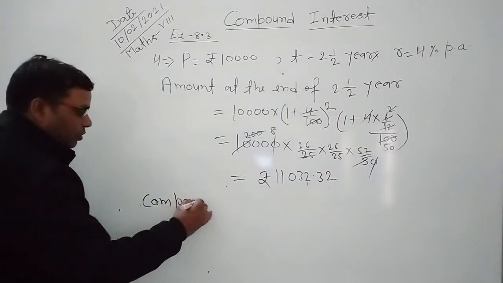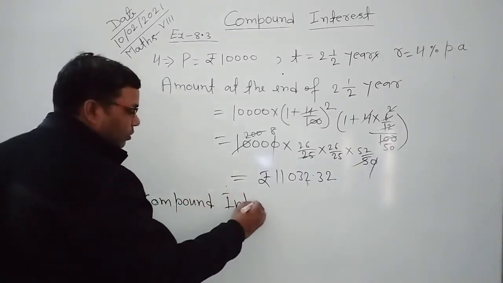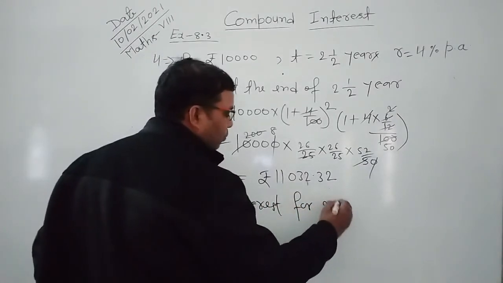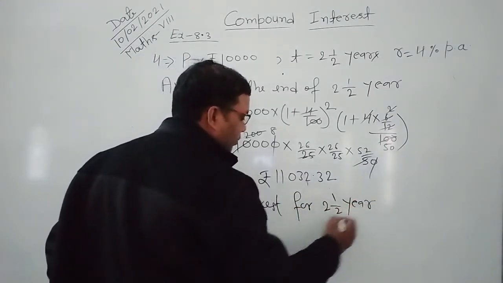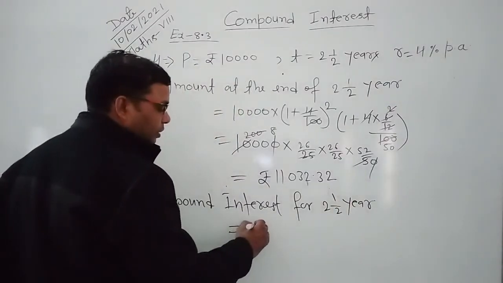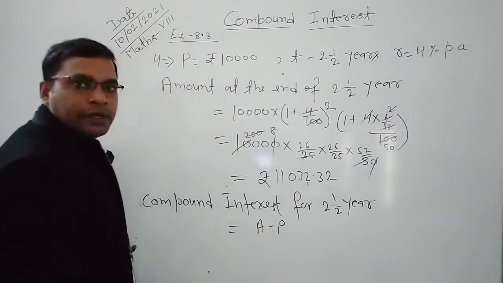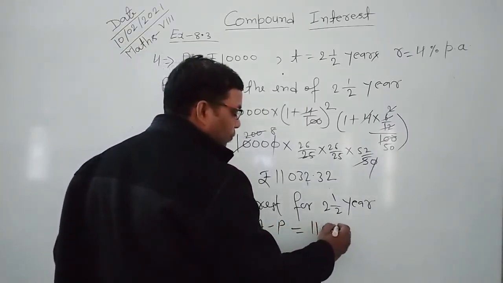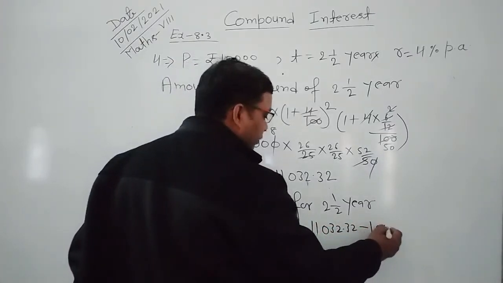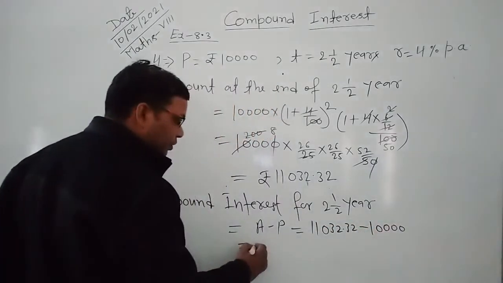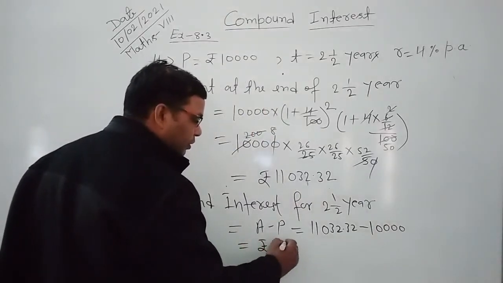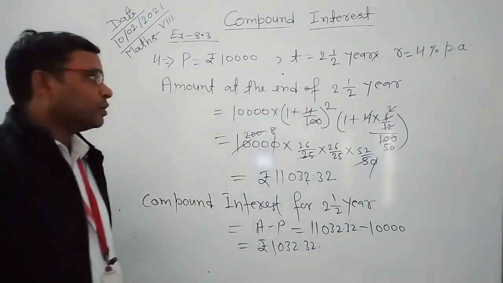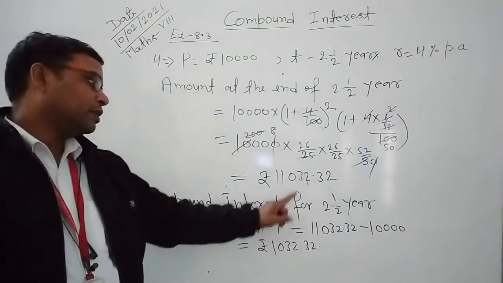Compound interest for 2.5 years is equal to A minus P. Here A is the final amount: 11,032.32 minus 10,000. This is equal to rupees 1,032.32. This is clear. So this is the interest and this is the amount.